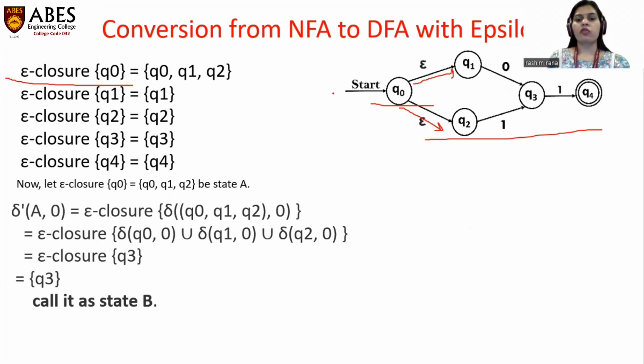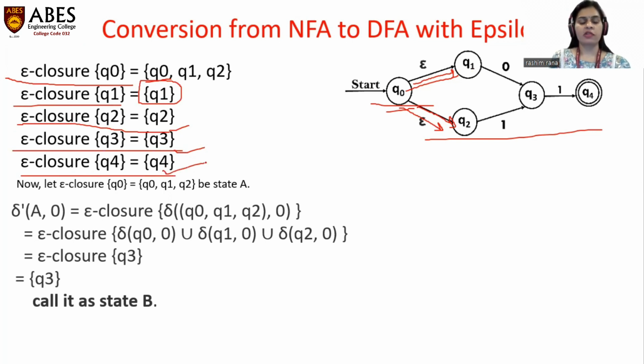Epsilon closure of Q0 gives Q1 state and Q2 state, and Q0 itself also carries in the epsilon closure of Q0. Epsilon closure of Q1: from Q1, we don't have any epsilon move, so we write Q1 itself. In the same way, epsilon closure of Q2 gives Q2, epsilon closure of Q3 gives Q3, and epsilon closure of Q4 gives Q4.